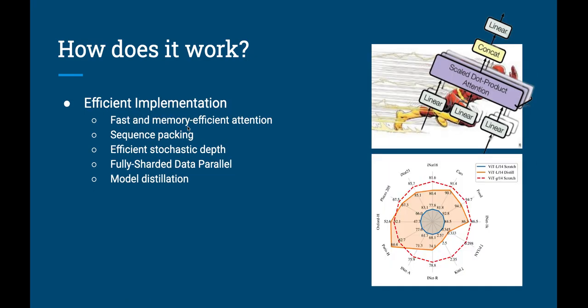So another contribution of the paper is its efficient implementation, which uses flash attention versus the original attention, sequence packing, efficient stochastic depth, and fully sharded data parallel that basically helps the model train two times faster, and uses 1/3 of the memory compared to previous methods.